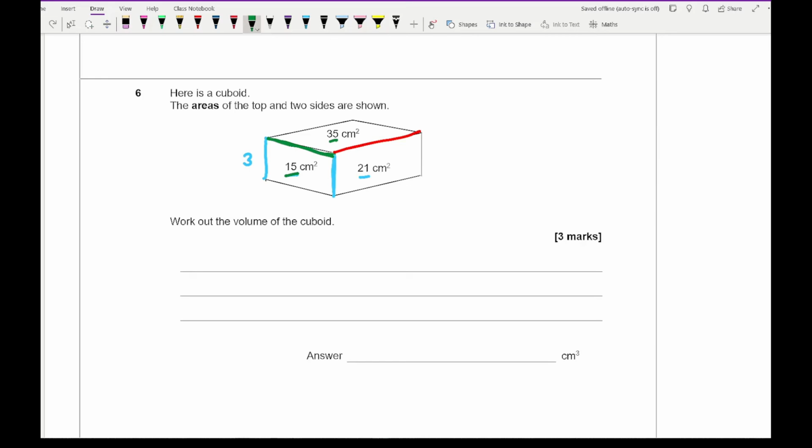So you want to think of a common factor that goes into both 15 and 35, and that is going to be 5. And then for this blue line, what's a common factor between 35 and 21? Well, that's going to be 7. So there I've now got the 3 lengths of the sides of the cuboid. So then the volume is going to be 3 times 5 times 7, which is 3 times 35, which gives me an answer of 105.